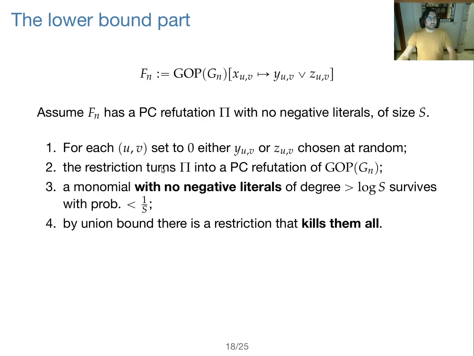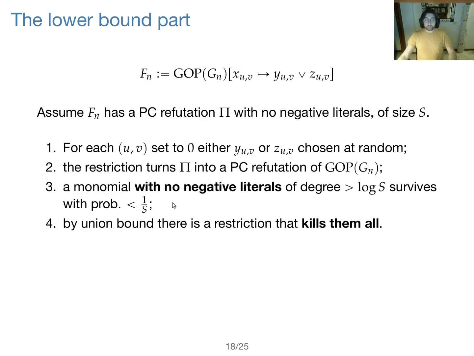Now, if we apply this restriction, as we already observed, the formula becomes an isomorphic copy of GOP. But even the refutation becomes a polynomial calculus refutation of GOP. This is a very simple observation on the structure of the polynomial calculus refutations.